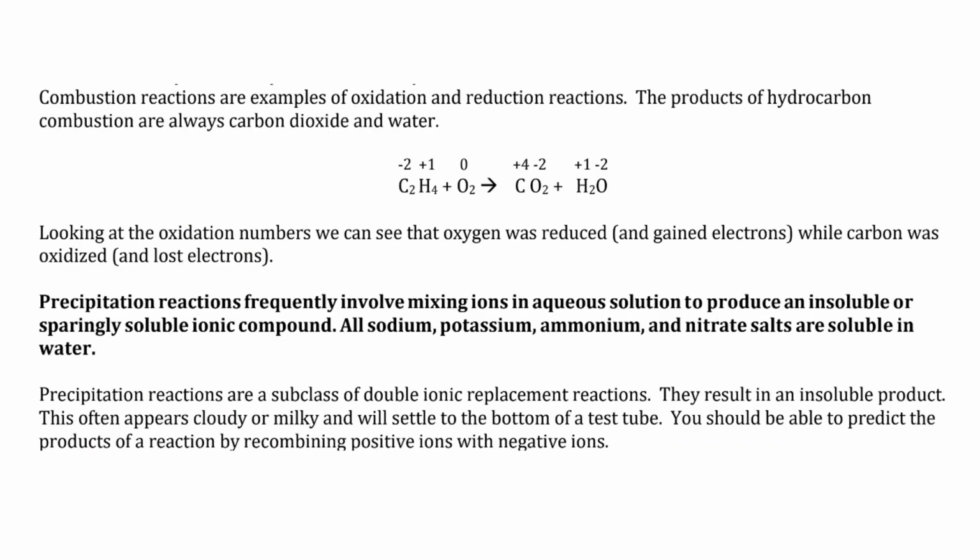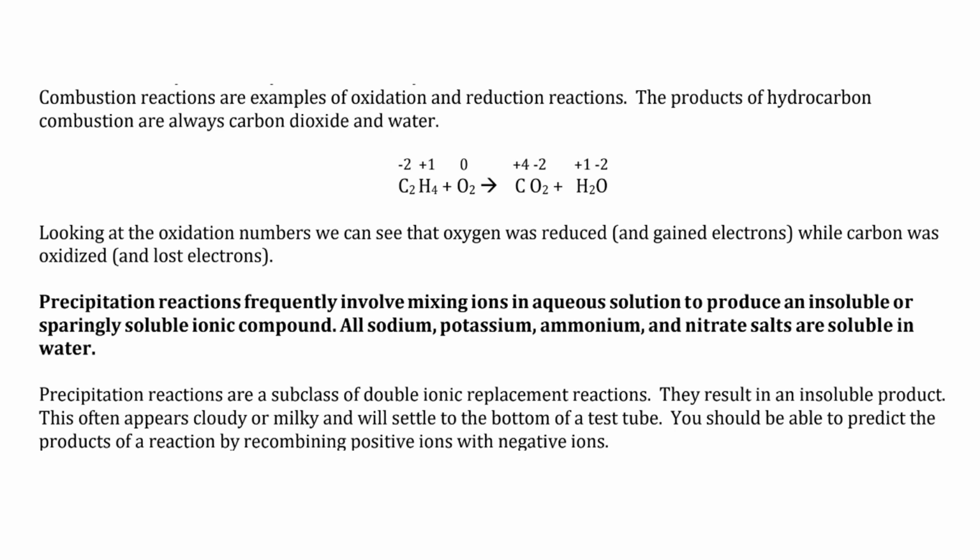Combustion reactions are considered examples of oxidation reduction reactions. So we're just looking here, you can see what happens from C2H4 plus O2 producing CO2 and H2O. Double check your oxidation numbers.